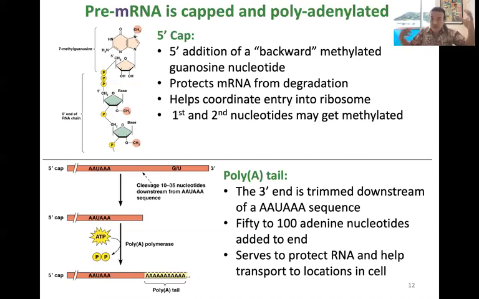In addition, the 5' cap and the poly-A tail serve as signals. Not surprisingly, there are certain proteins in the cell, in the nucleus, that would recognize these, attach to them and help transport the RNA out of the nucleus into the cytoplasm.